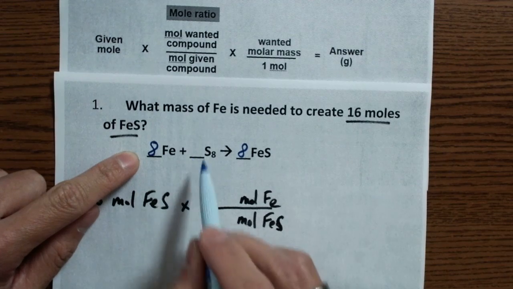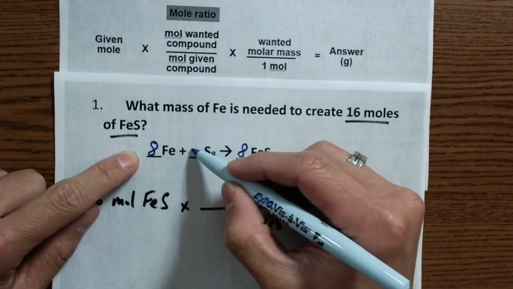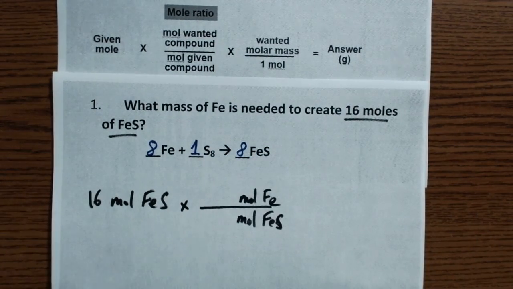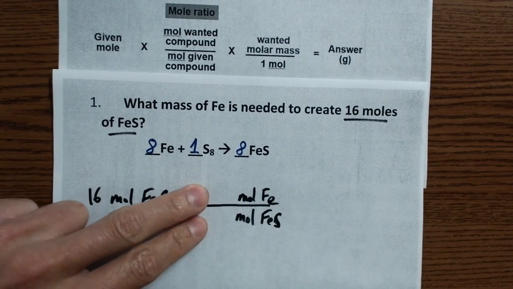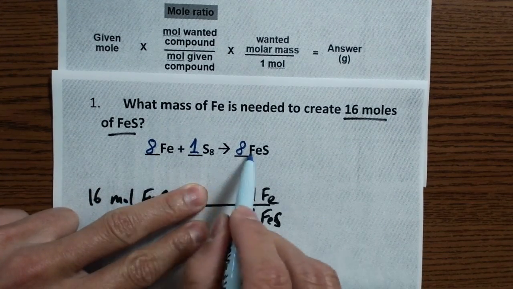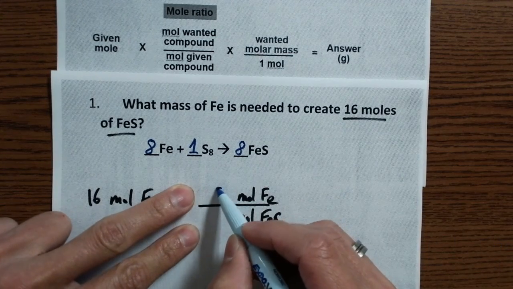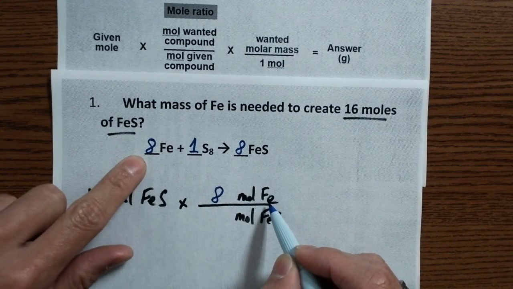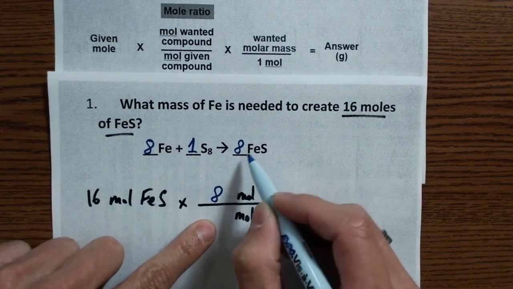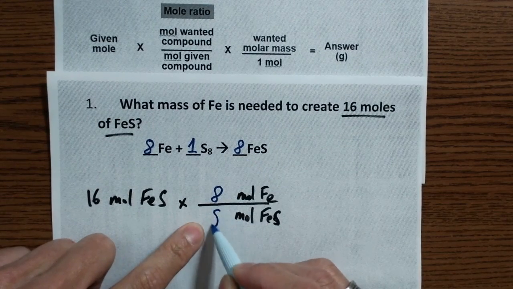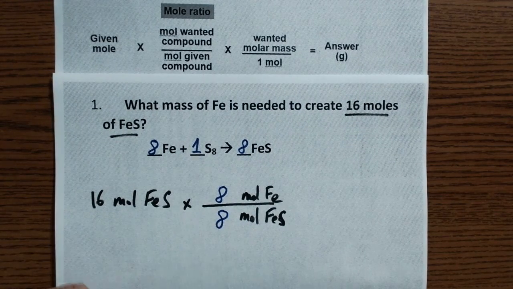And then there's a blank over here, that's just a 1. So these numbers will come from your coefficient in the equation. So I gotta have 8 Fe, and the bottom, in this case, it will be 8 as well. Okay.